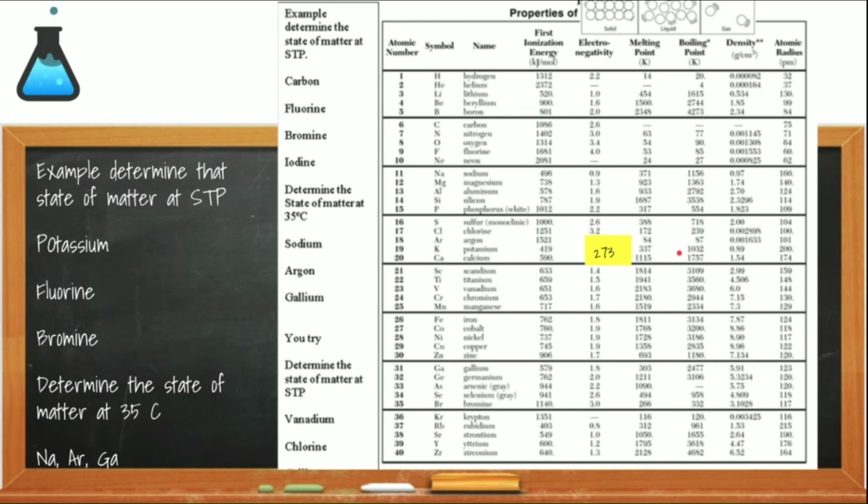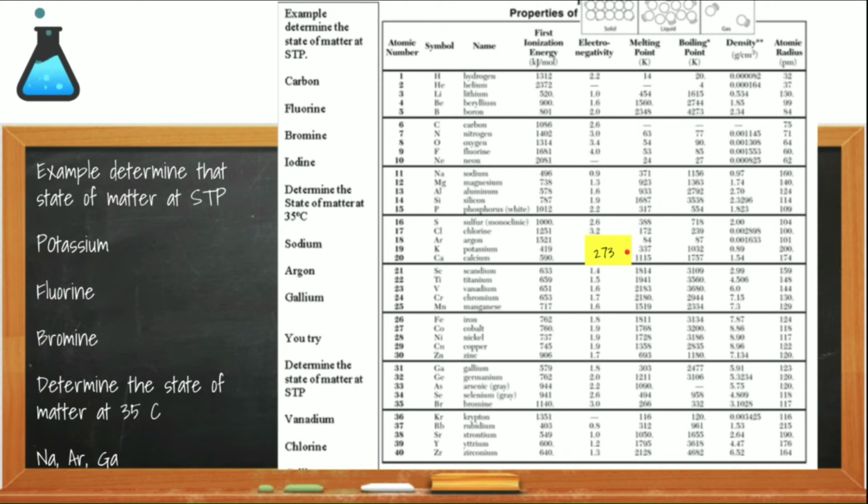So the number 273 comes before both of those numbers. So you notice our number line is going and increasing. 273, 337, 1032. So since this comes before, potassium at STP is actually a solid.